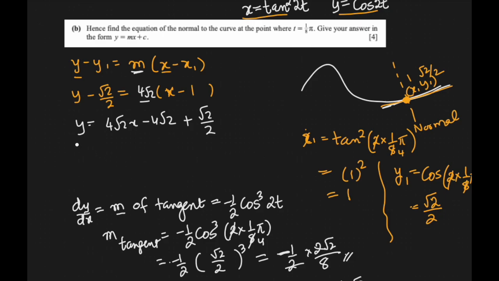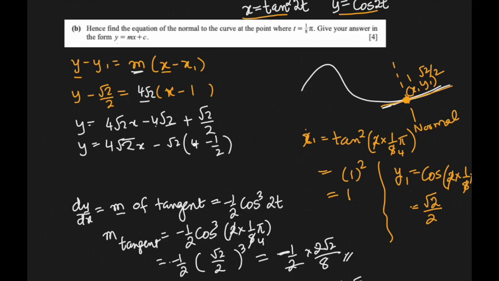So we got, because this is the format we want, y equal to mx plus c. So y equal to 4 square root 2 x, and square root 2 is common in these two. Let's take that common. Yes, square root 2 common. We'll be left with 4 minus half. Yeah, 4 is this, and because square root 2 was taken common, half is left in this one.